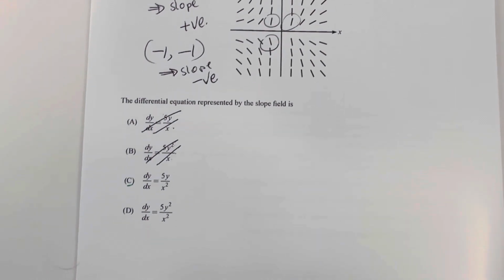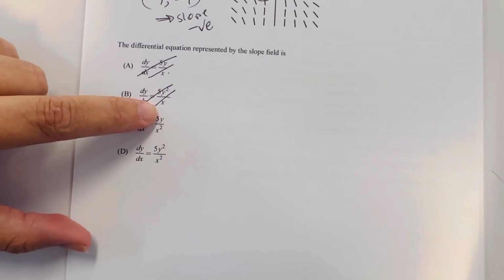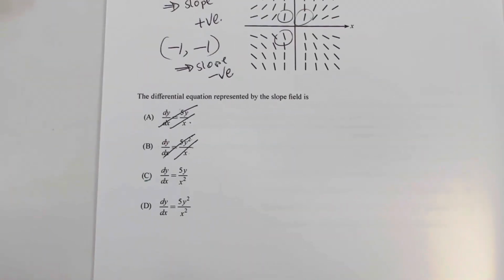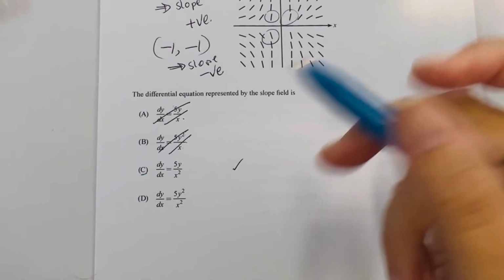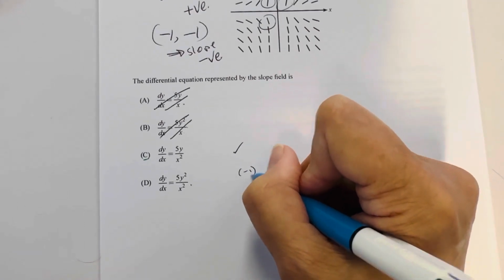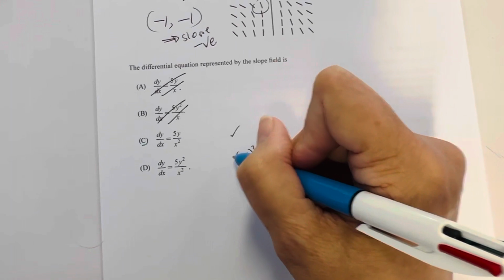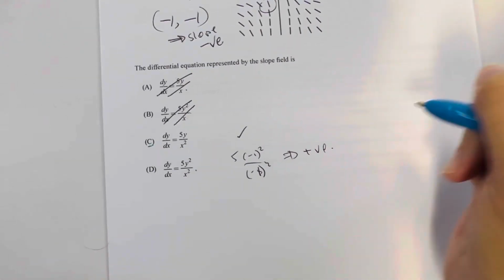Now, we look at our two options left. If I put 5 times -1 over -1 squared, I would get a negative slope. So C is definitely a possibility. But when I did D, if I do the -1 squared over the -1 squared, even if it's a 5 there, I'm going to end up being positive.